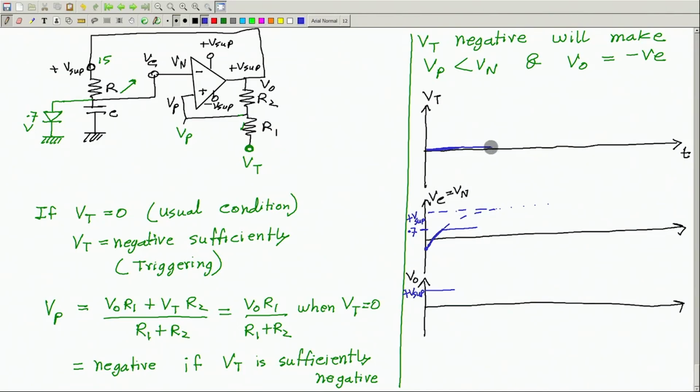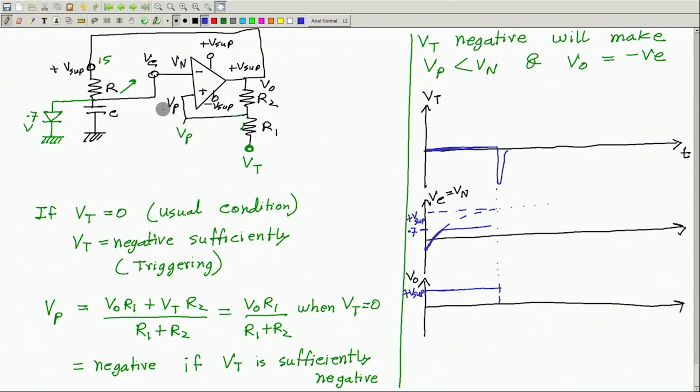Okay. Now, say at this moment, after a while I make Vt negative for a brief period like this, sufficiently negative. Okay. So, till then this Vc will remain at this position, output will also remain at that value up to this moment. Okay. And at this moment what will happen? This Vp will change.